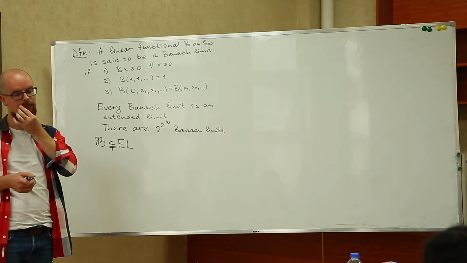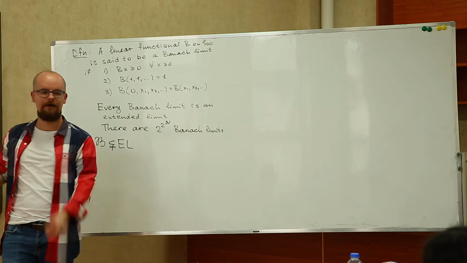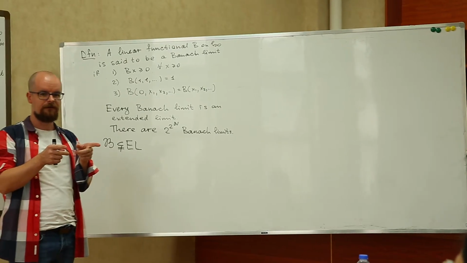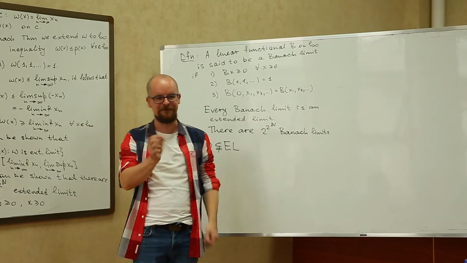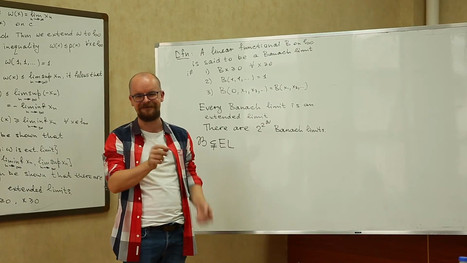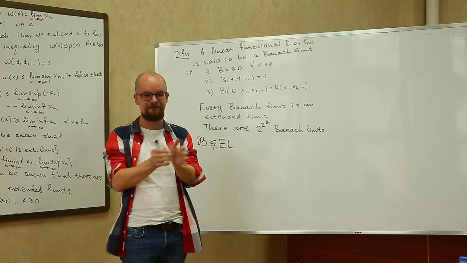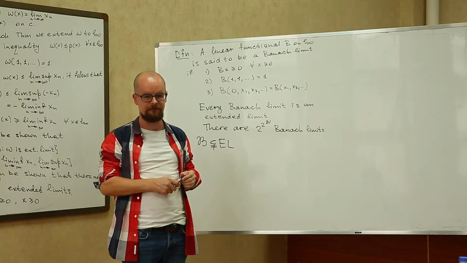The number of elements in the interval 0, 1 is exactly the same as in the whole real line. And even if you take 0 to epsilon, it's still exactly the same. So in some sense, it's a small subset of extended limits, but the number of elements is exactly the same.